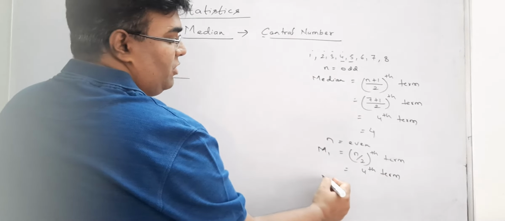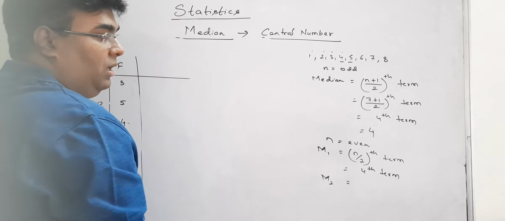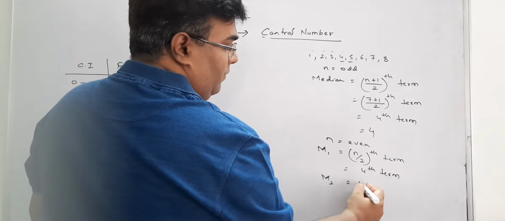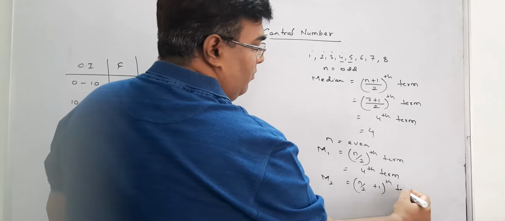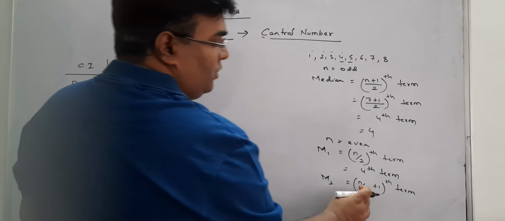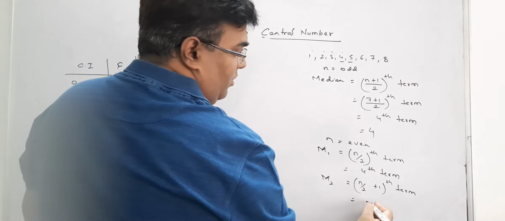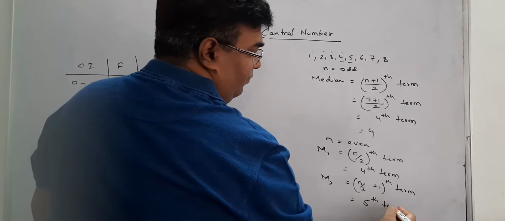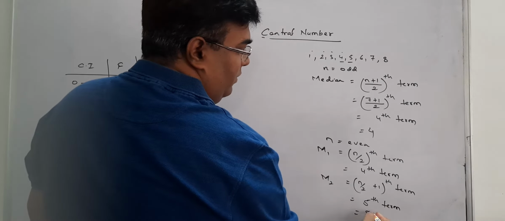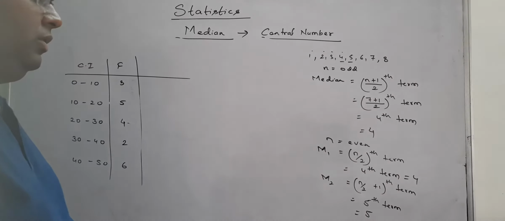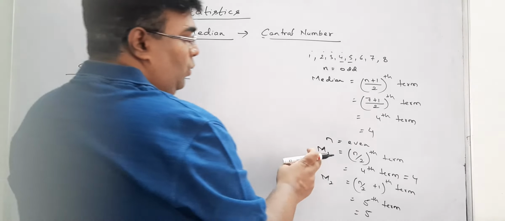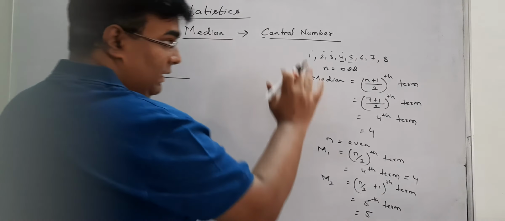And the second median, which is m2, is just the (n by 2 plus 1)th term. So n by 2 is already 4, 4 plus 1 is the 5th term. The 5th term here is 5. This was 4. Correct? So we have two medians, 4 and 5 in this case.